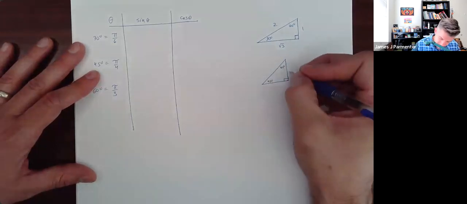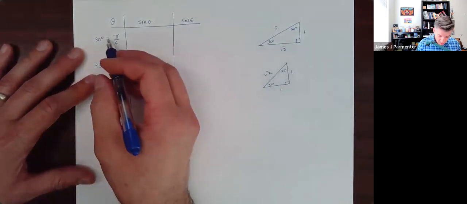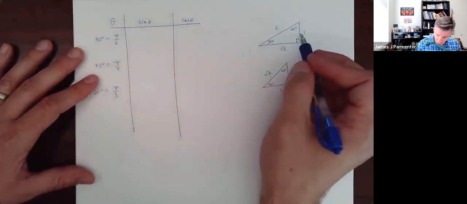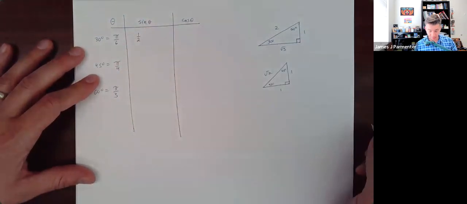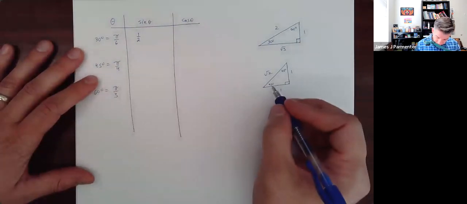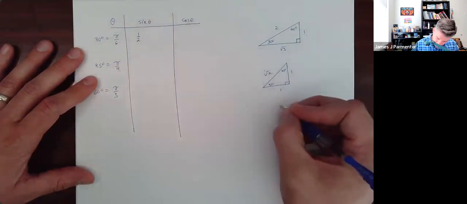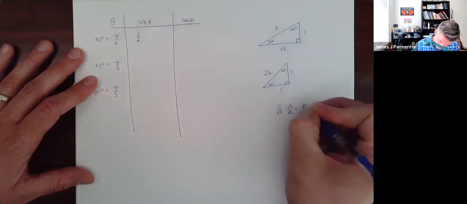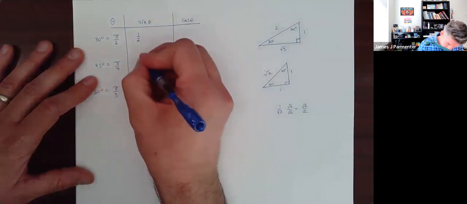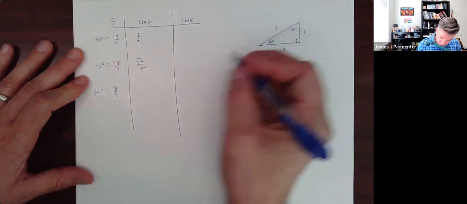I usually do it as 1, 1, root 2. So sine of 30 degrees is 1 over 2, which I am going to rewrite in just a second. Sine of 45 degrees is 1 over root 2, which rationalizes as root 2 over 2. And sine of 60 degrees, opposite over hypotenuse, is root 3 over 2.